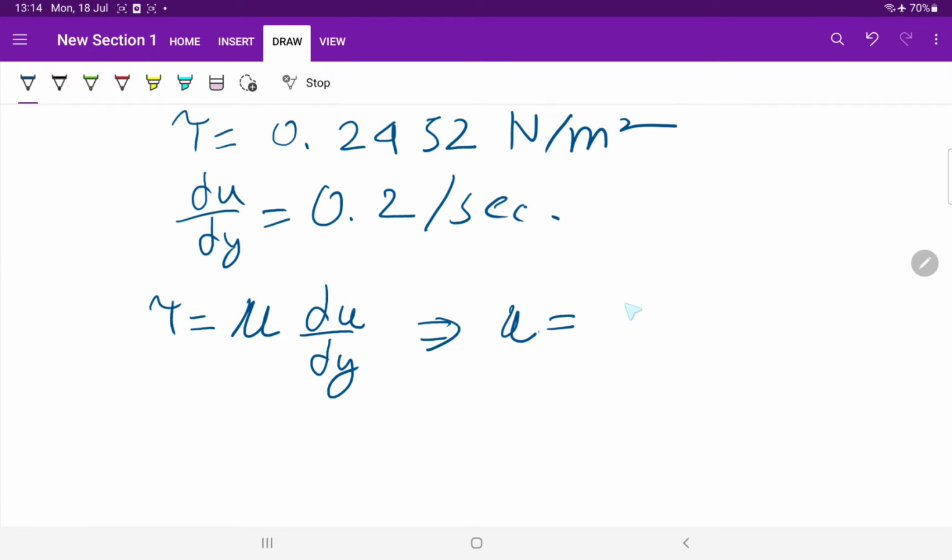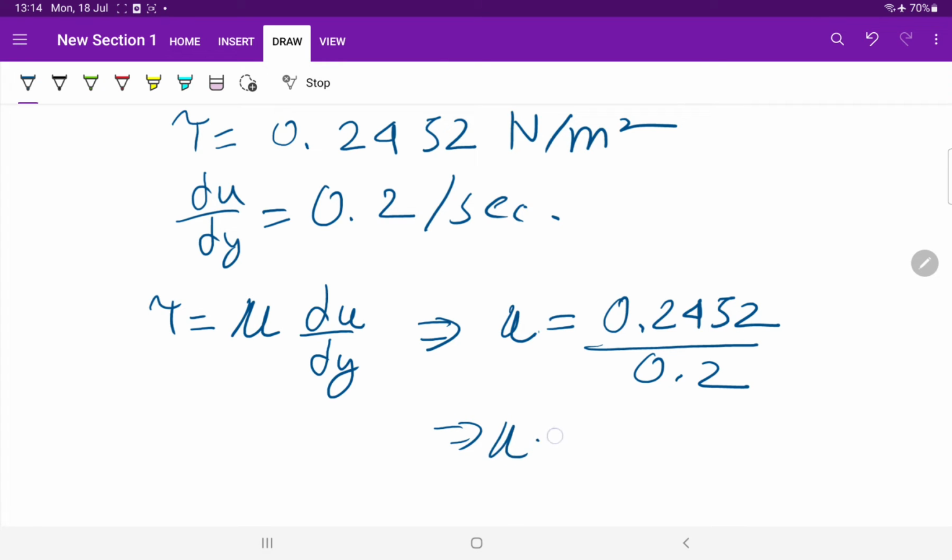So tau is 0.2452 and du by dy, in the divide part, is 0.2. So now mu comes as this, where the unit of 0.2 is per second, and the unit of tau is Newton per meter square.